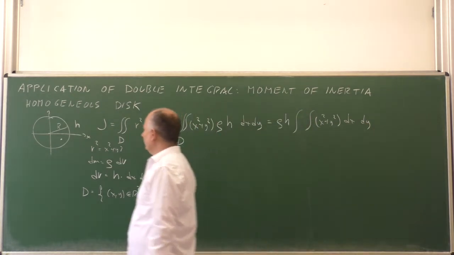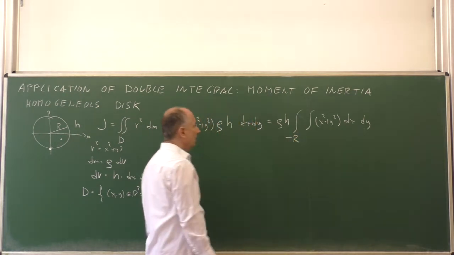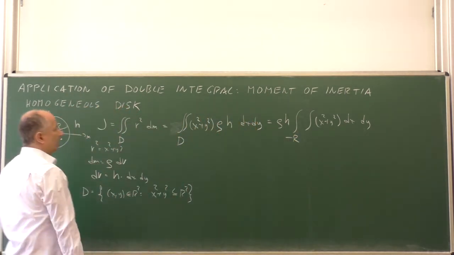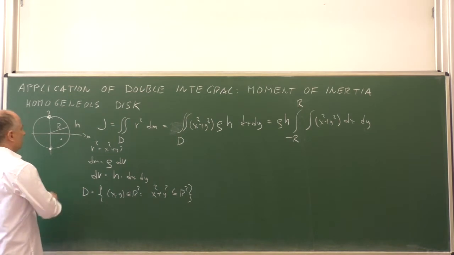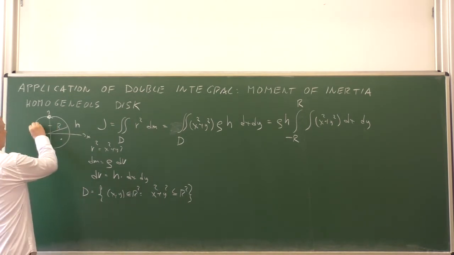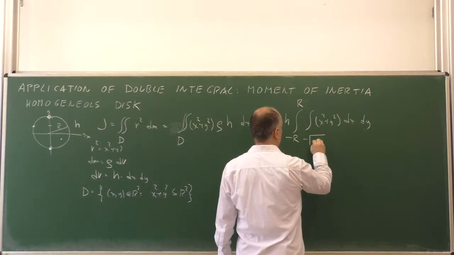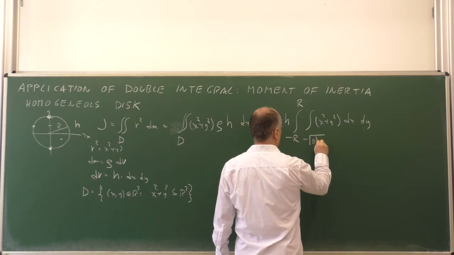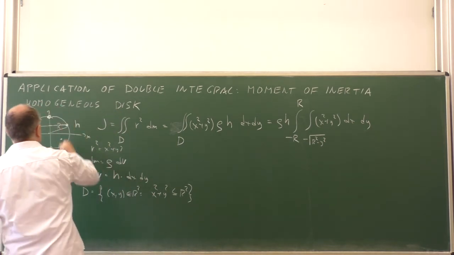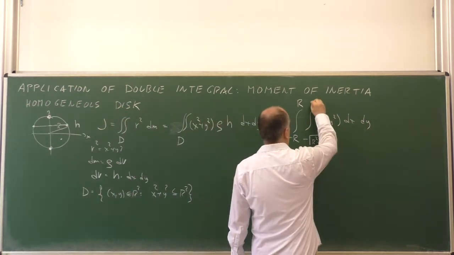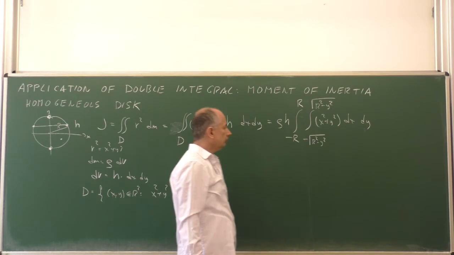Then y runs from minus r to plus r, and then for each fixed y, say this one, x runs from this point, which is minus the square root of r squared minus y squared, up to this point, which is plus the same square root, r squared minus y squared.